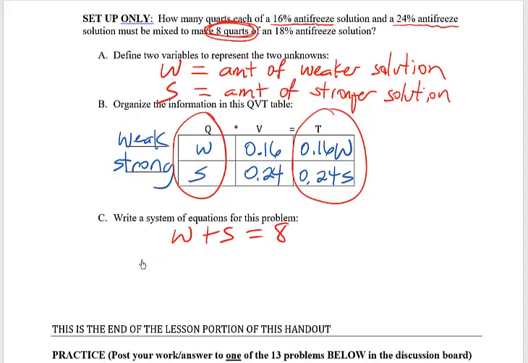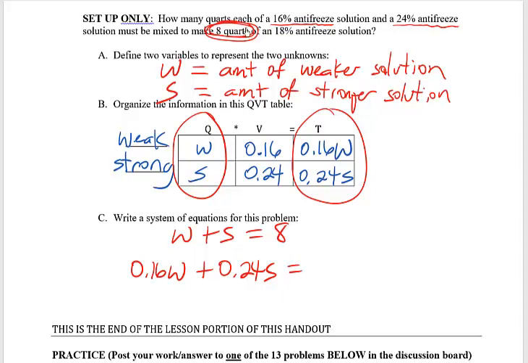Let's think about that. So, total antifreeze in the weak plus total antifreeze in the strong equals the total antifreeze, not the total liquid, the total antifreeze in the mixture. Now, the reason this is tricky is they didn't tell me the total antifreeze in the mixture. They could have been nice and said, oh, you should end up with 3 quarts of antifreeze. Okay? They're making me calculate it.